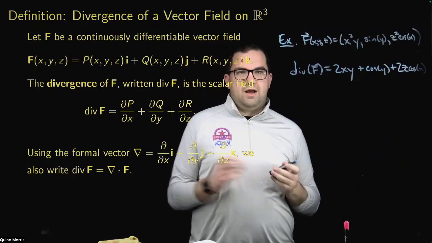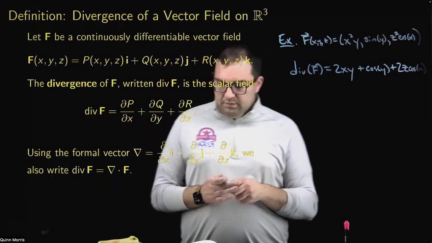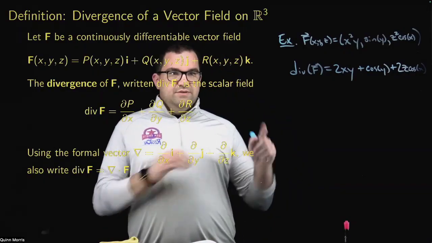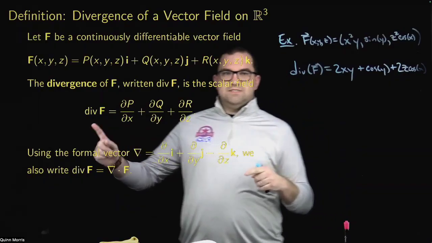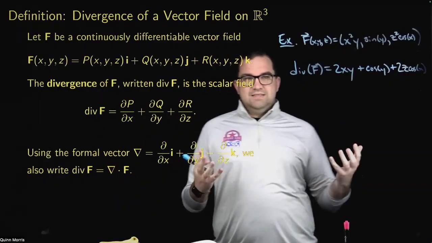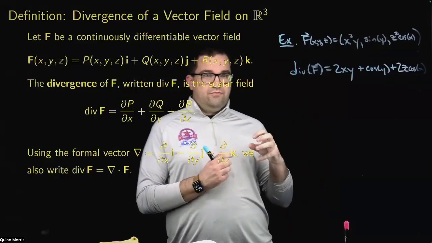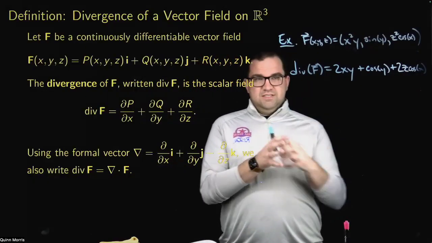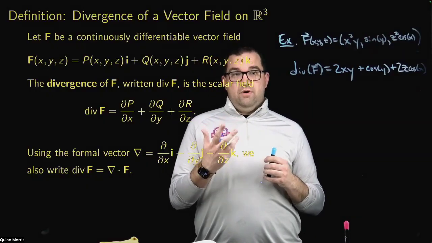It's fairly straightforward to calculate. You just take some partial derivatives, and you add them all together. Now, I want to emphasize here that if I think of this divergence as an operator, it takes as an input a vector field. So I take a vector field, I feed it into this divergence operator, and what happens is it spits back out to me a scalar function.